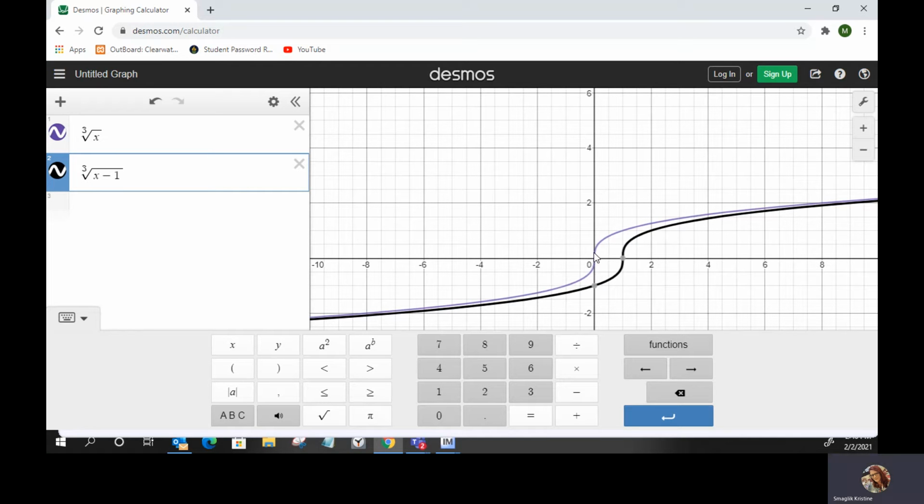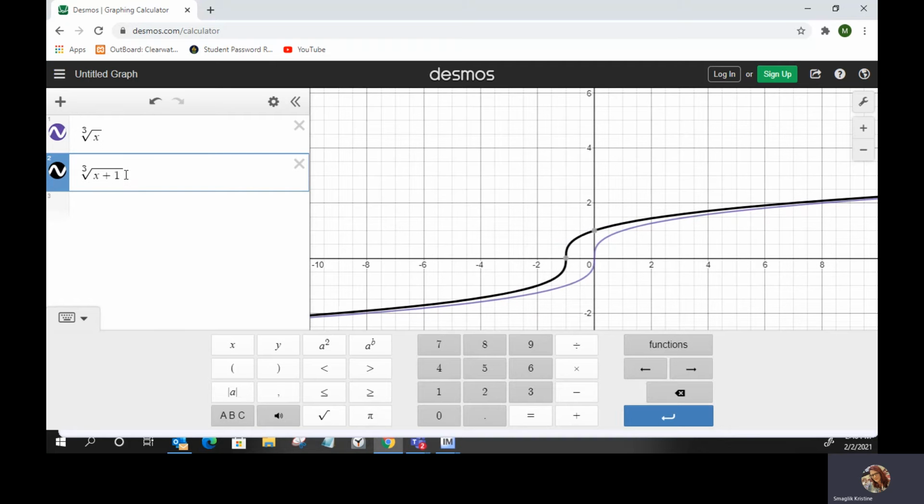And you see where it's kind of flat here? That's called the inflection point, where the graph flattens a little bit. Watch that as you're doing transformations, or if you have to pull an equation from a graph. Take a look at where that point has moved. I can also change this to a plus 1. We go left.